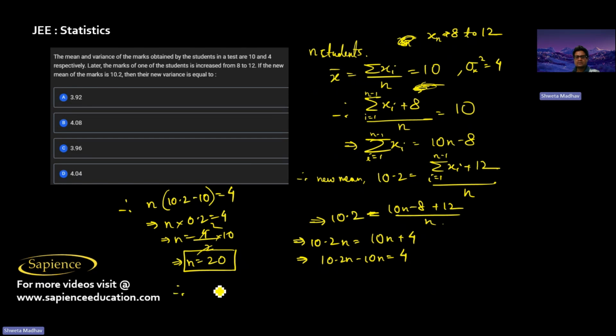Now summation xi square from i goes from 1 to n minus 1 plus 8 square, divided by 20, minus 10 square, is equal to 4.